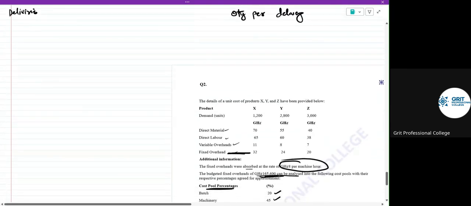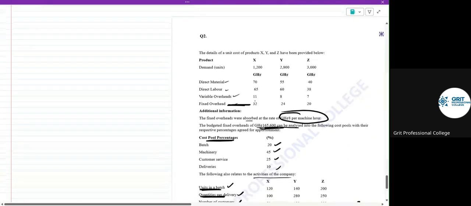It will be basically machine hours. That will be the best basis for the machining cost pool. But the only problem here is that to arrive at the machine hours, we don't have information for it. And so we will need to find it ourselves.